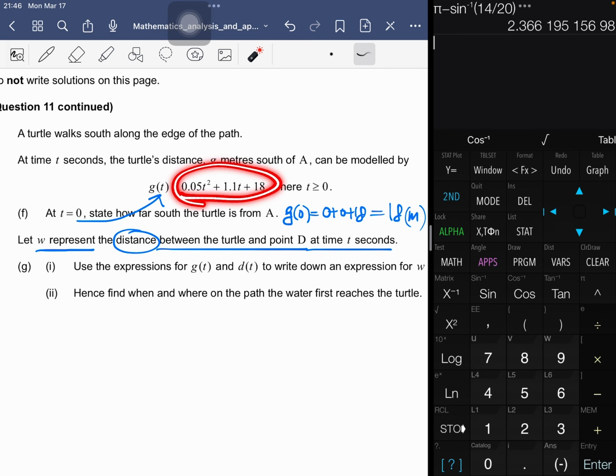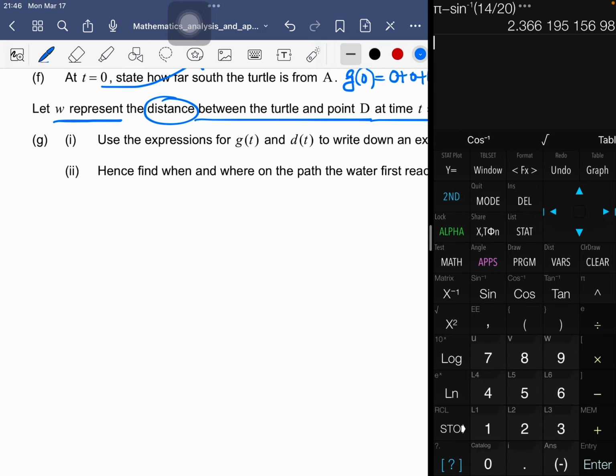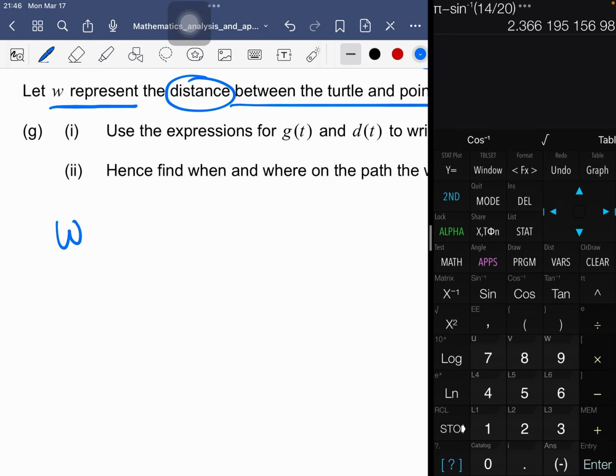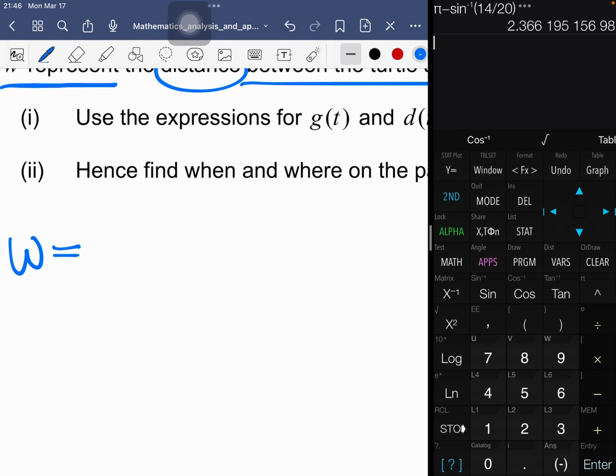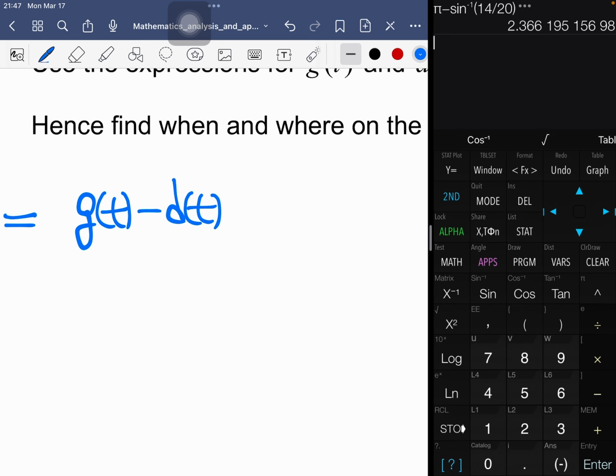So we can express W as the distance between those two functions: g(t) minus d(t). Because distance cannot be negative, we put an absolute value.